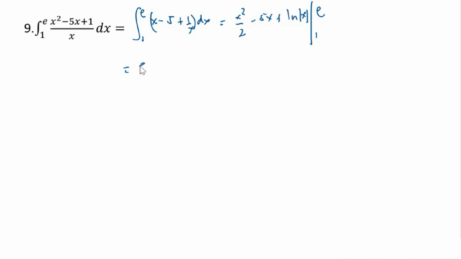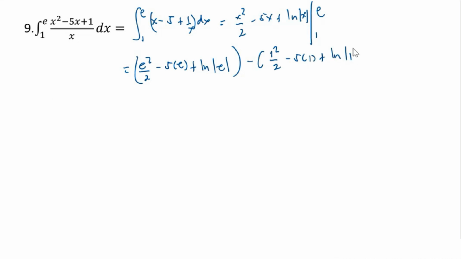So we have e squared over 2 minus 5 times e plus ln of the absolute value of e. So this is now your f of b minus f of a. Now we have replaced x by 1. We have 1 squared over 2 minus 5 times 1 plus ln of the absolute value of 1.